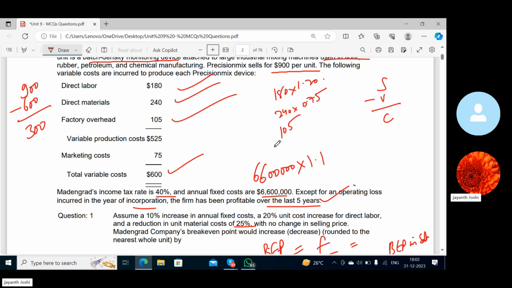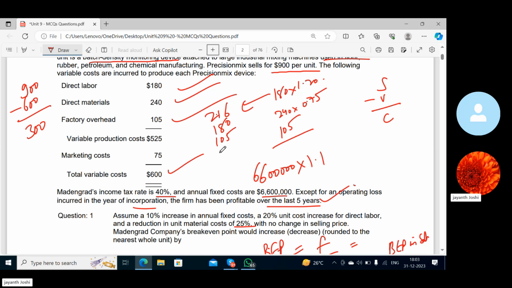Factory overheads is this. Can you tell me what is that you are getting? $216 first one. Okay, this is 216. 180, right? Okay. Yes, sir. 105.